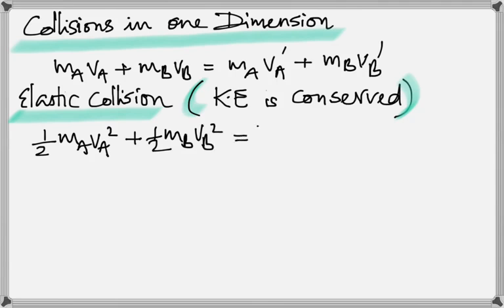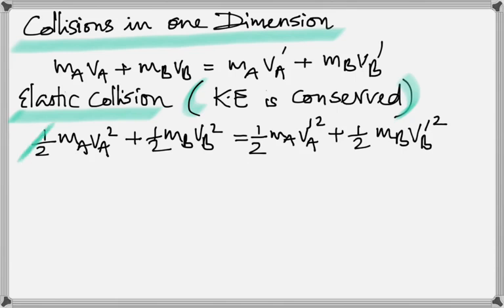And that should be equal to 1/2 times MA VA prime squared plus 1/2 times MB VB prime squared. You understood what an elastic collision is, isn't it? Kinetic energy is also conserved.